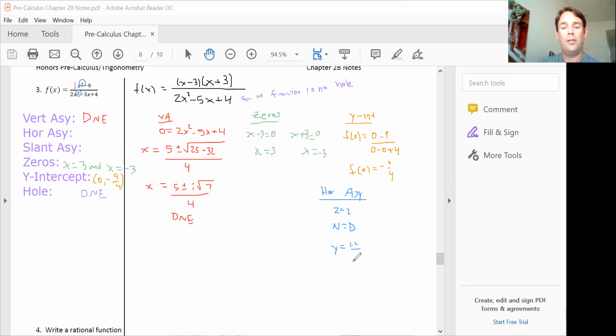So y is 1/2. And if I have a horizontal asymptote, friends, that means I would have no slant asymptote. So y equals 1/2.